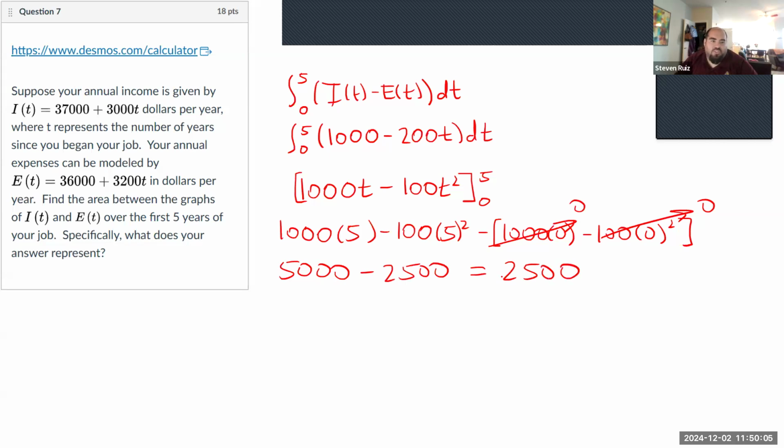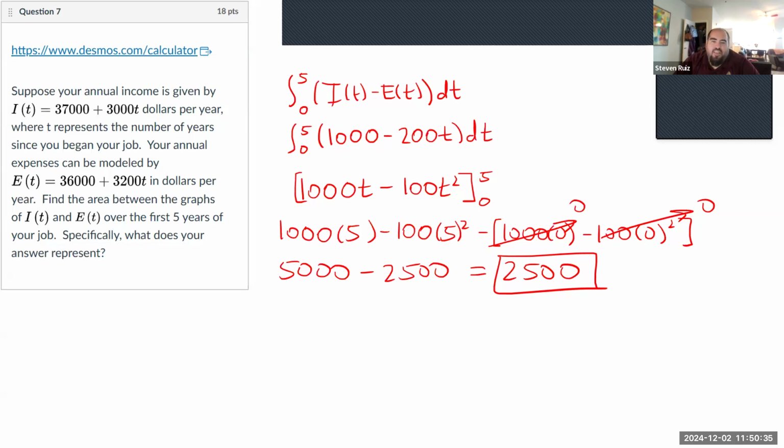So part of this was just to find the area between the graphs, and I got the number 2,500. Now the second part is, what does that number represent? My annual income was given in dollars per year. My annual expenses were given in dollars per year. I integrated those both. The difference in my income and my expenses is still going to give me a rate.